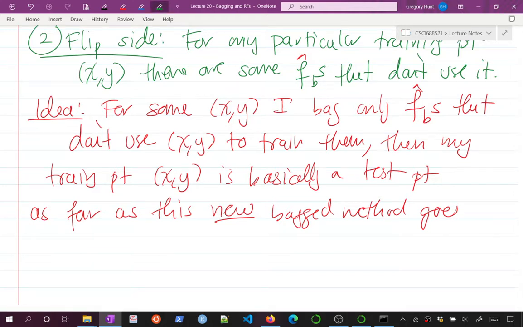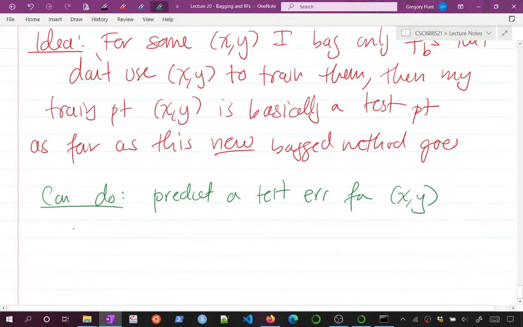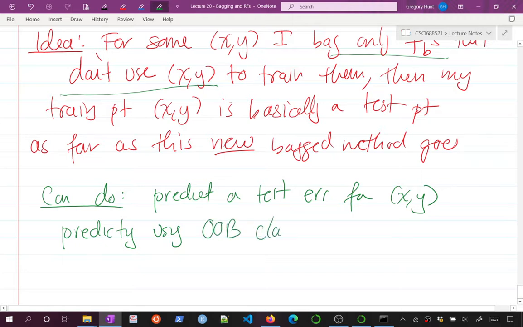And so what I can do is predict error. We can basically predict a testing error for this particular training point, (x, y), using what is called the out of bag, or the OOB, by bagging together the f_b's that don't use (x, y), using out of bag classifiers, or out of bag methods.